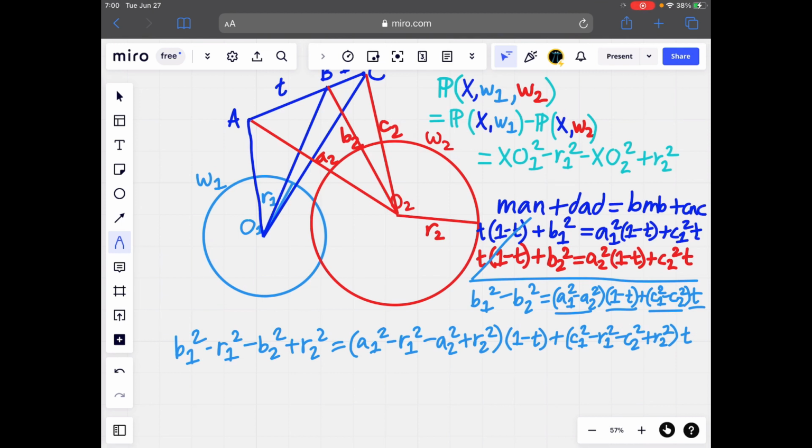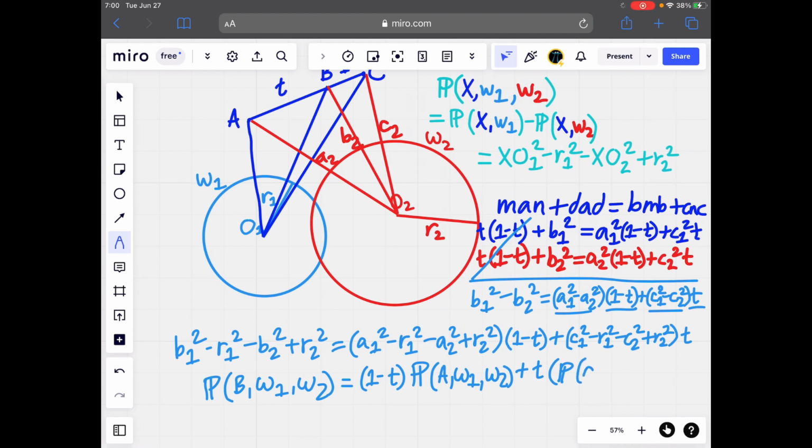So basically we have the power of point B with respect to circles W1 and W2 equals 1 minus T times the power of point A with respect to W1 and W2 plus T times the power of point C with respect to W1 and W2.